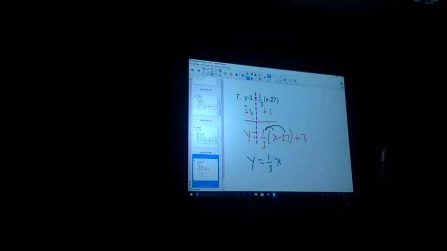And then 1/3 times 27. Well, 3 goes into 27 9 times, so that's minus 9 plus 3. And then combine your two like terms, so y equals 1/3 x minus 6. So this answer is totally fine. This answer right here is actually fine as well. So it's your choice how you want to have it. I just don't have to worry about distributing. Okay.